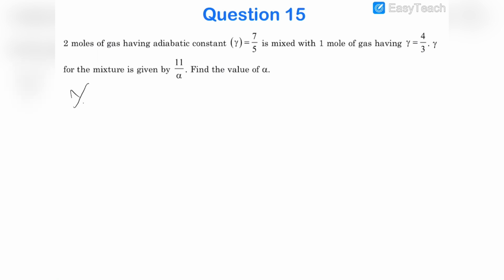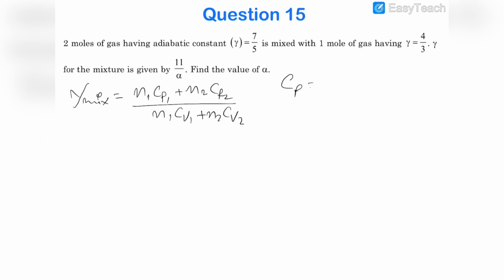So we know that gamma mixture is equal to N1 Cp1 plus N2 Cp2 divided by N1 Cv1 plus N2 Cv2. Okay, and we also know that Cp is equal to gamma R upon gamma minus 1, and Cv is equal to R upon gamma minus 1. So let us substitute these values.